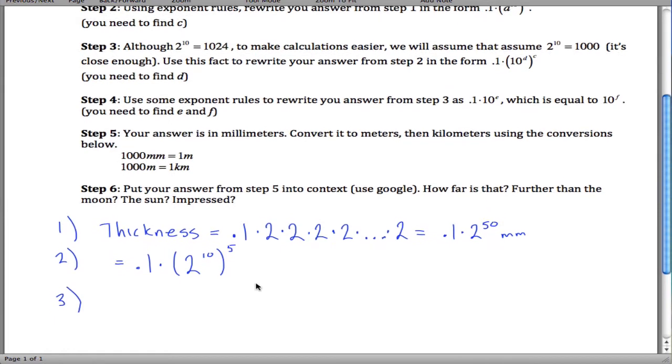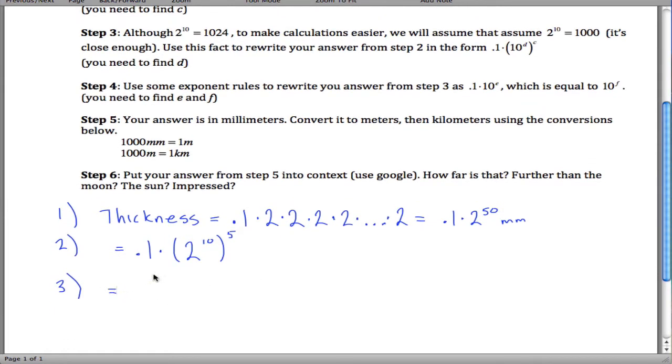Hopefully that makes sense. In step 3, it says 2 to the 10th power is 1024, but instead we're going to assume it's 1,000. This 2 to the 10th right here, assume it's 1,000. It'll make the calculations easier, and it won't make a huge difference.